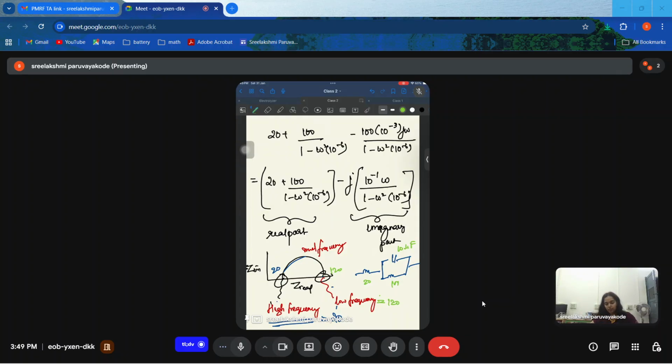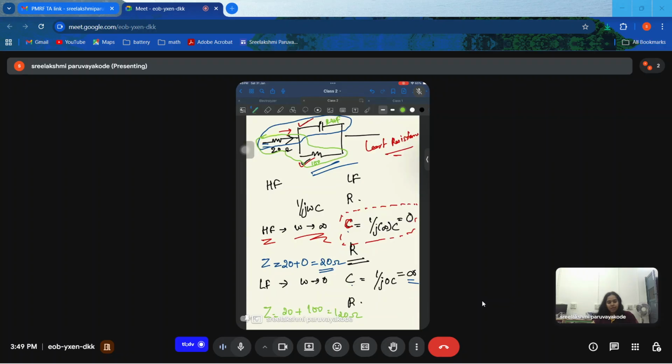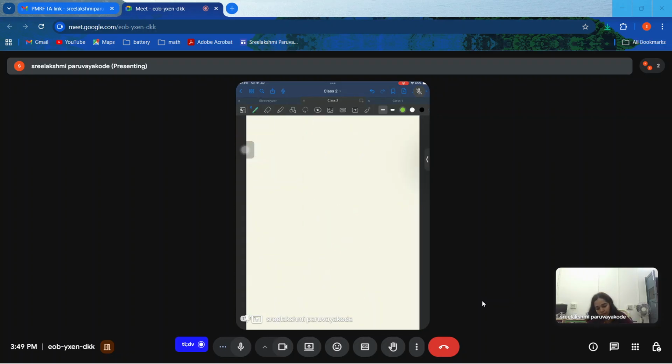And this is one example. So is this clear? I hope it is clear. Now we have different plots. One is the Nyquist plot. In the Nyquist plot, we'll be plotting minus Z imaginary versus Z real. The next one is the Bode plot.